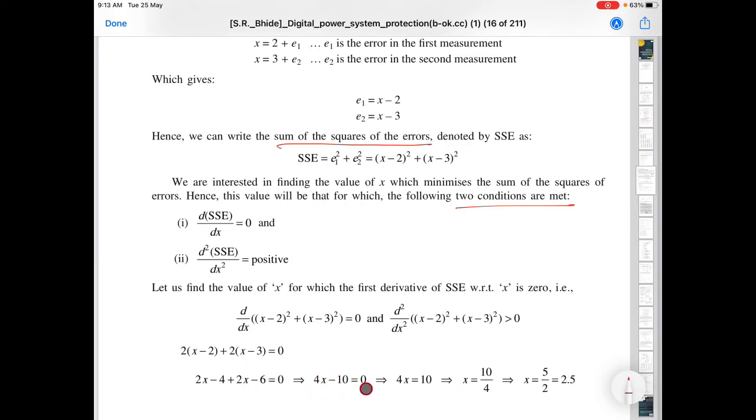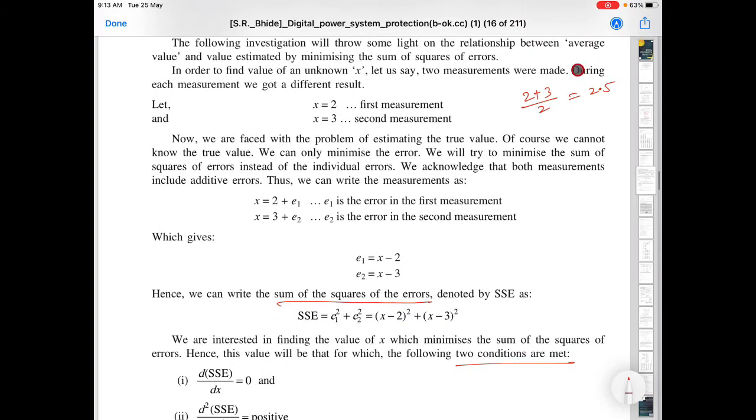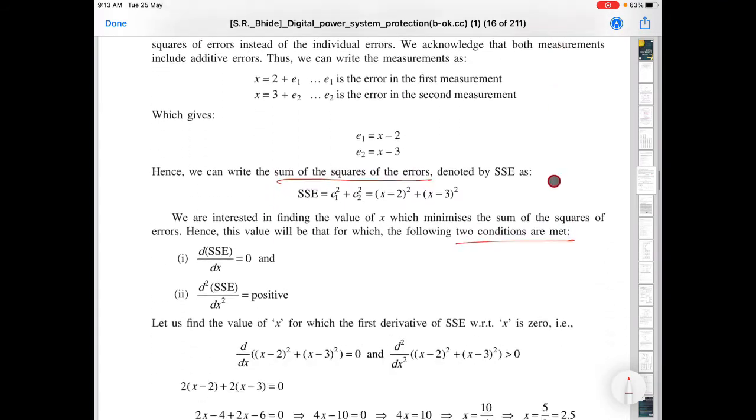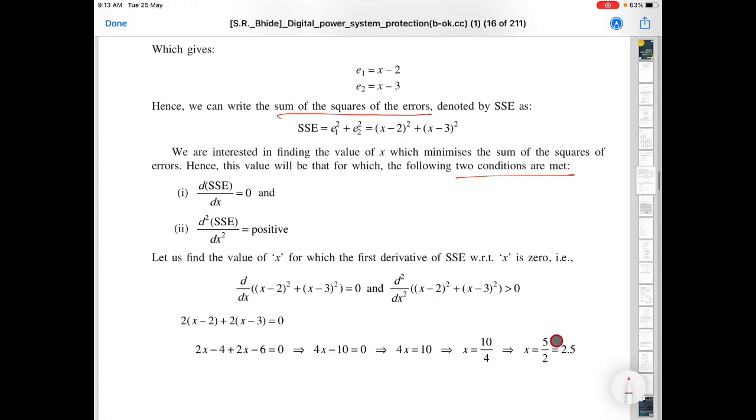From here, by simple mathematical calculation, you will get x equal to 2.5, which was our average method. So the average method and the SSE method, sum of squares of error, both are the same. The answer we have got is the same. So this is the LSQ method.